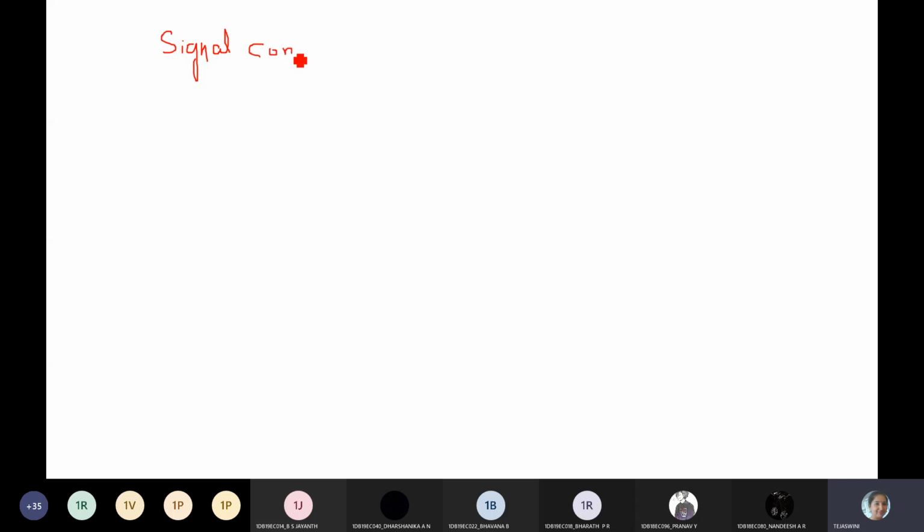What is the sign? Negative. Okay. Signal component notation: small VC is equal to minus small IC RC.